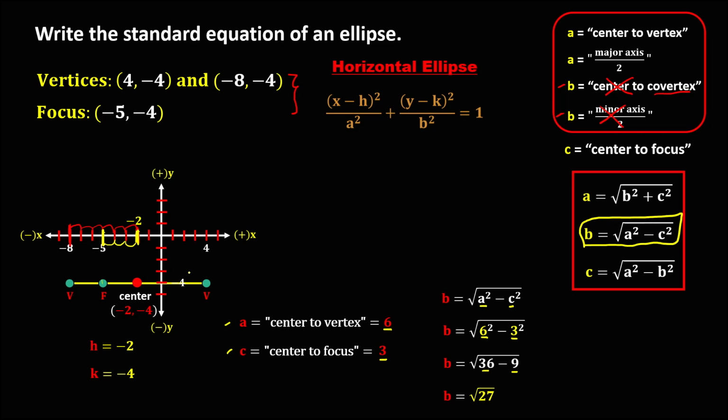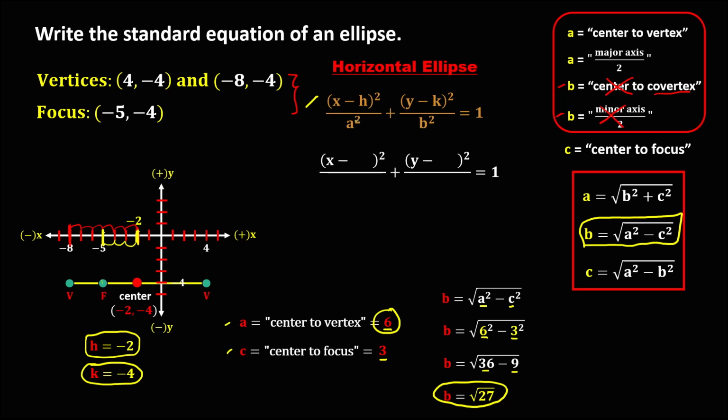Since we now have the four values, h, k, a, and b, we can write the standard equation for this ellipse from this formula. So substitute all the values. So we have x minus h, and h is negative 2.